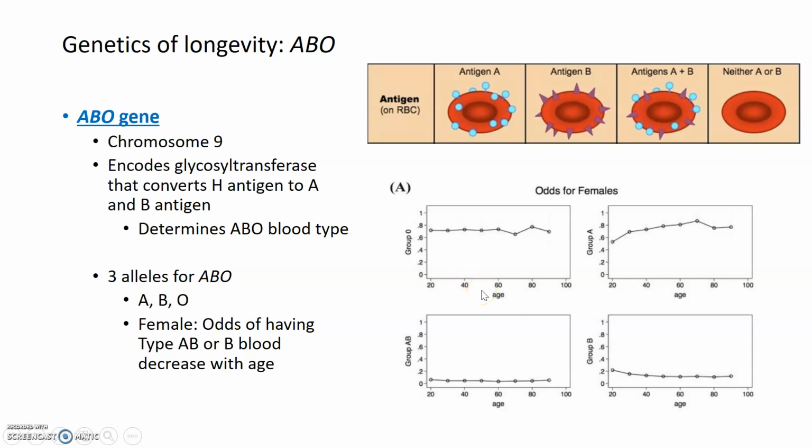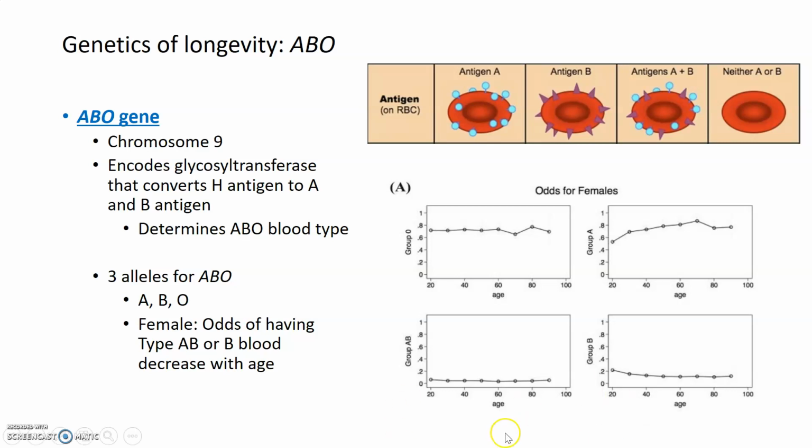And so what you'll notice here are the four different blood groups listed: Group O, Group A, Group B, and Group AB. And this is just looking at the odds of having one of those particular blood groups or blood types at a certain age.